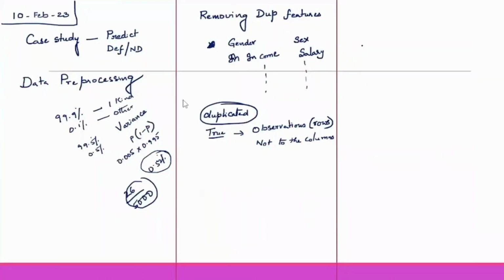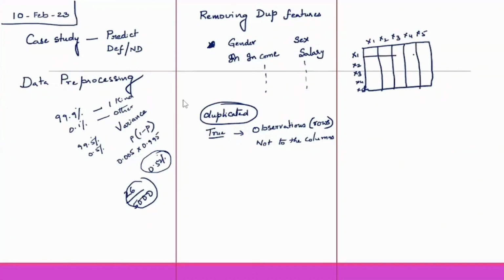I have my correlation matrix like this. X1, X2, X3, X4, X5, 5 columns. Here also I have X1, X2, X3, X4, X5. Corresponding to these 5 rows and 5 columns, there is a correlation value.